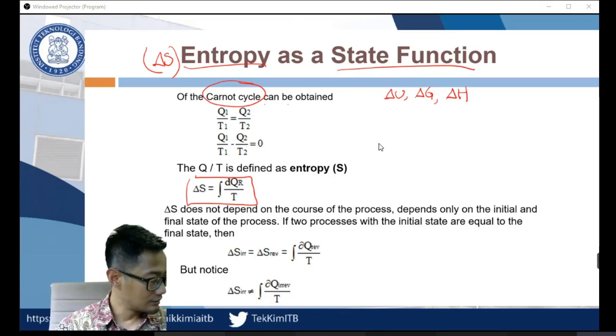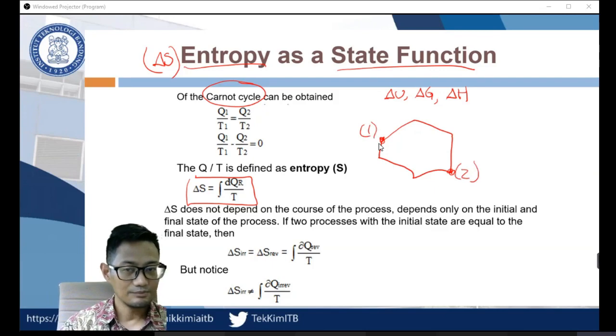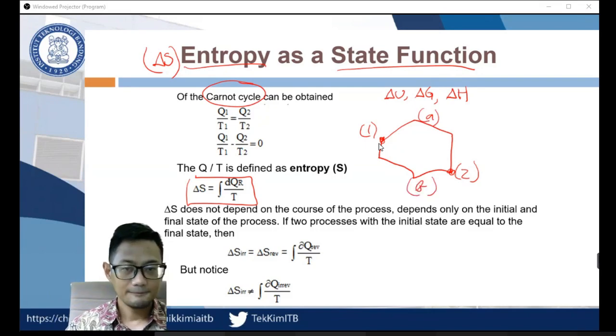Remember when we have several pathways, as long as both of these two conditions are the same, the entropy will remain the same. It can be used for the upper pathway, A pathway, or B pathway.